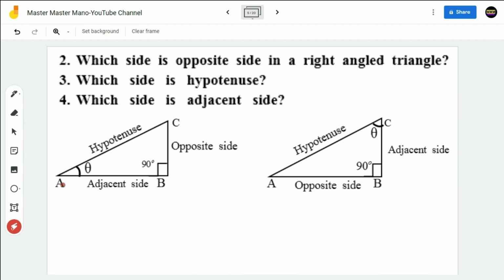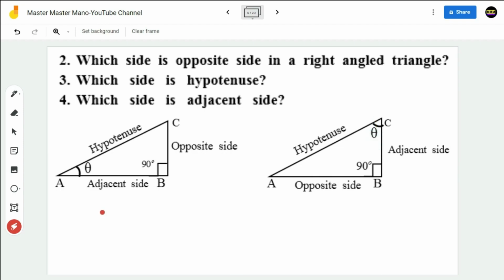In this triangle ABC, angle ABC is 90 degree. Angle BAC is theta. Here in this triangle ABC, angle ABC is 90 degree and angle ACB is theta.